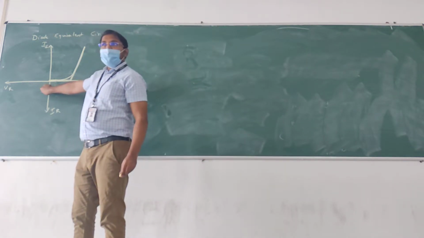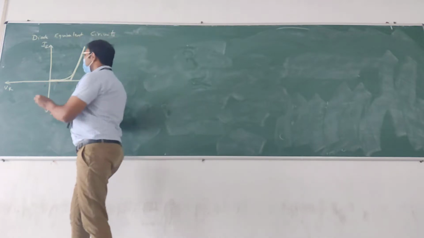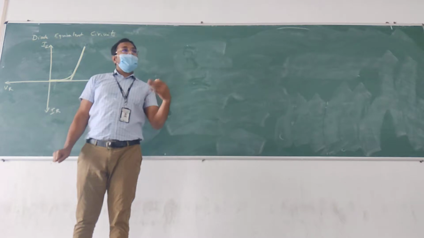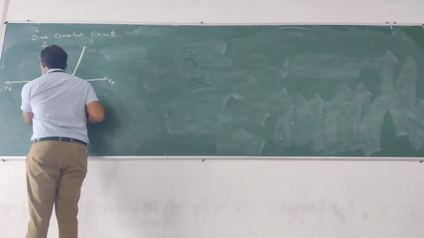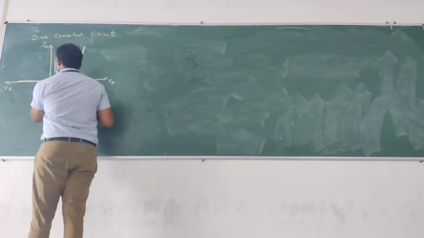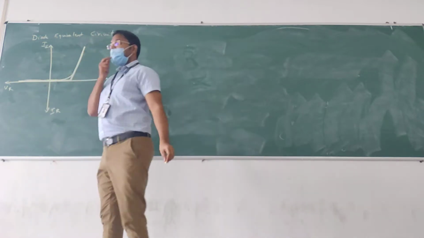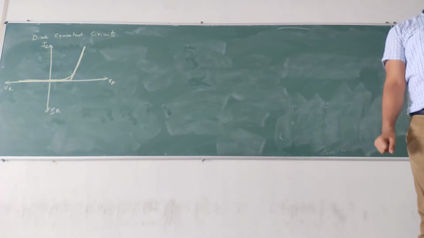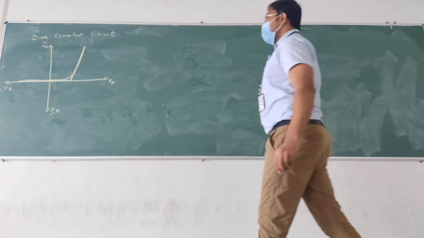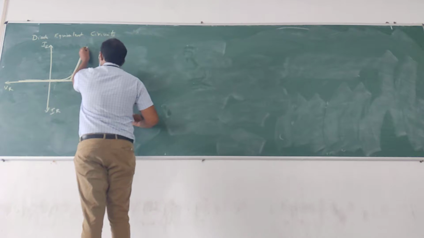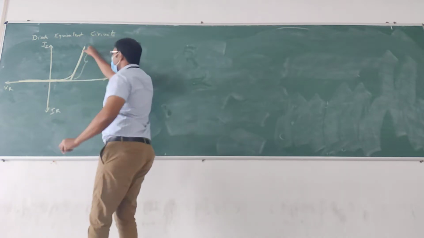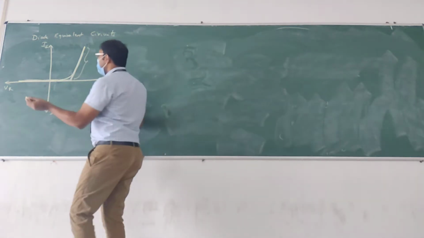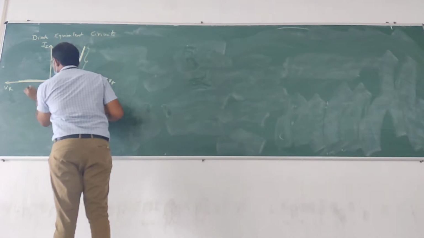Not only in forward bias, in reverse bias the current is very less, negligible. We can again approximate that we have zero current. So the diode characteristics will be one piece of a line, and then the other piece of a line.